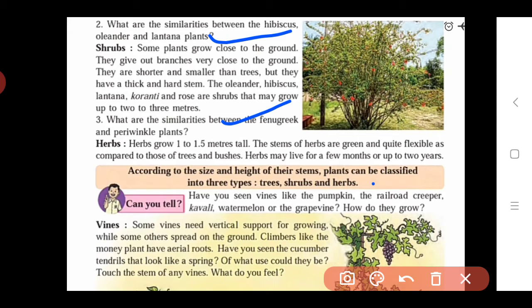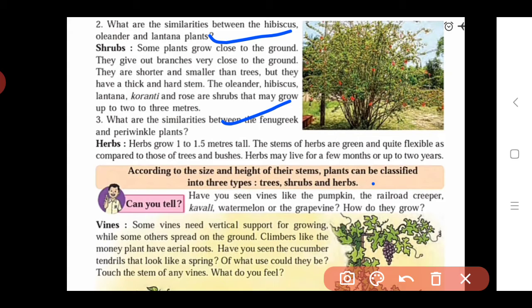So they are shorter and smaller than trees. If we compare shrubs with trees, the shrubs are smaller and also shorter. But they have a thick and hard stem. Plants like oleander, hibiscus, lantana, coranti and rose are shrubs that may grow up to 2 to 3 meters.